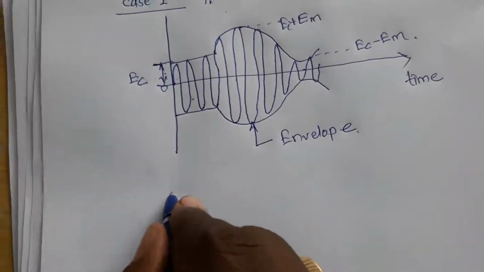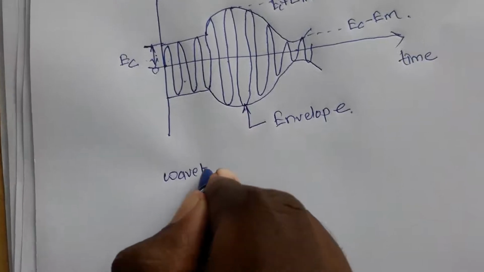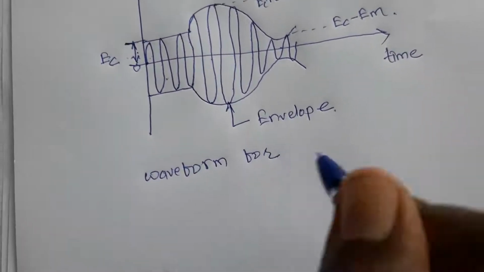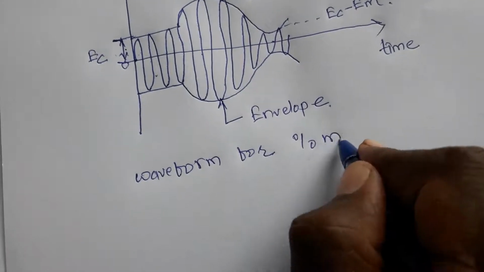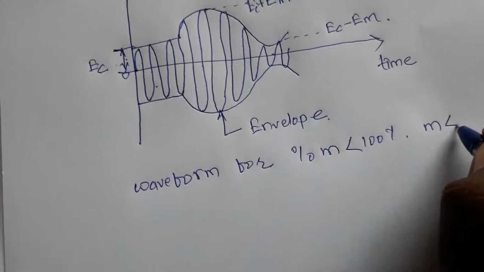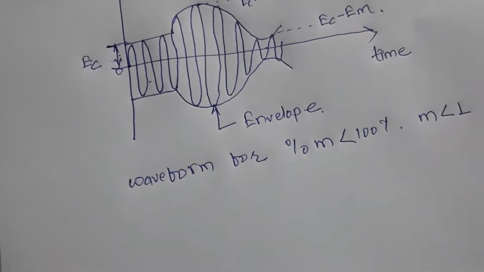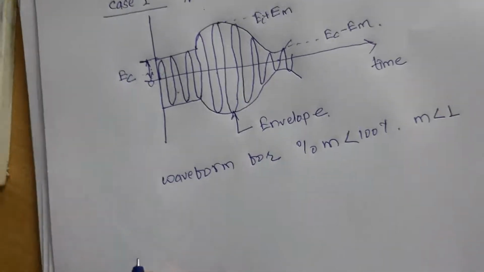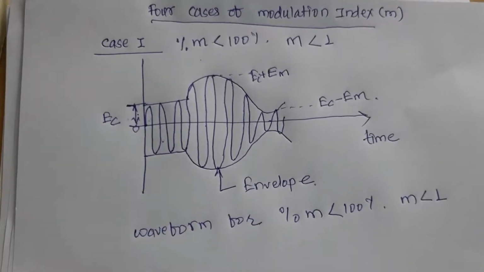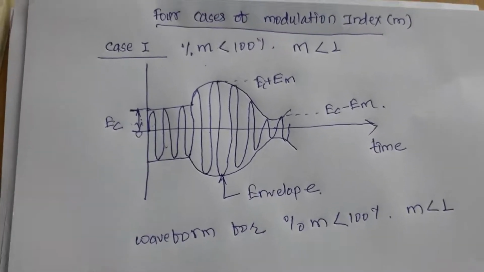So this is the waveform for percentage m less than 100%, or m is less than 1. So that is case 1.